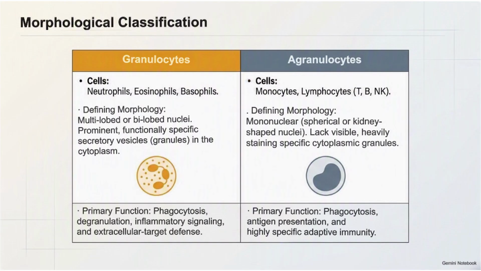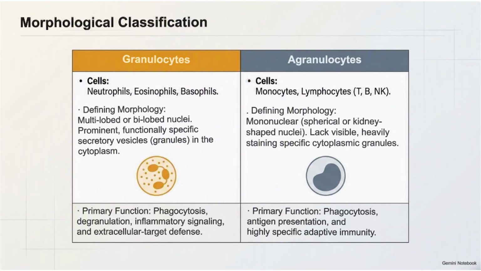The granulocytes are neutrophils, eosinophils, and basophils, and as their name suggests, these cells contain prominent cytoplasmic granules that become visible with standard staining techniques, although the appearance of those granules differs dramatically among the three cell types. Their nuclei also tend to be lobed or segmented, while the agranulocytes are monocytes and lymphocytes.